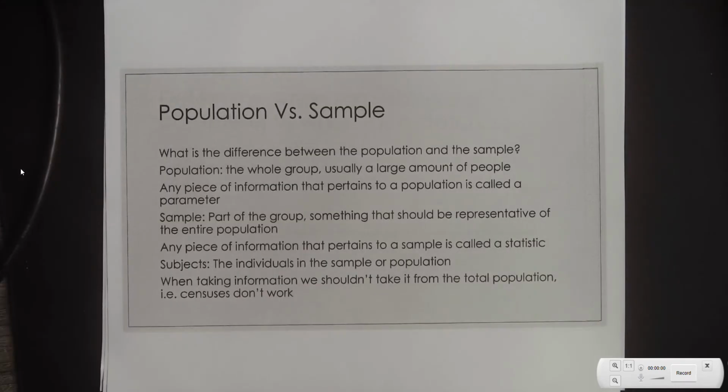So, what's the difference between the population and the sample? Well, the population is basically the whole group, usually a large amount of people. We'll throw some examples real fast. Any piece of information that pertains to a population is called a parameter.